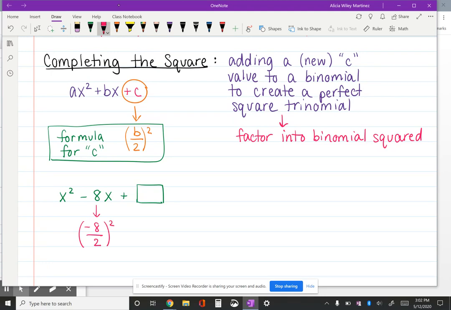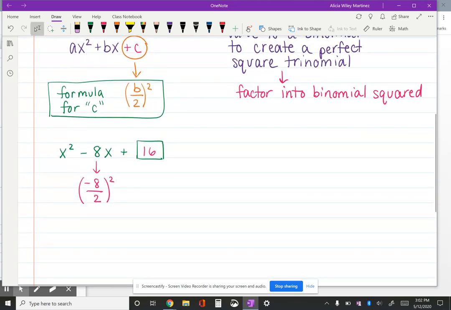So that would give me a negative 4 squared, and you can see that's going to give you a positive 16. So when you complete the square for this problem here, it's going to be x squared minus 8x plus 16.